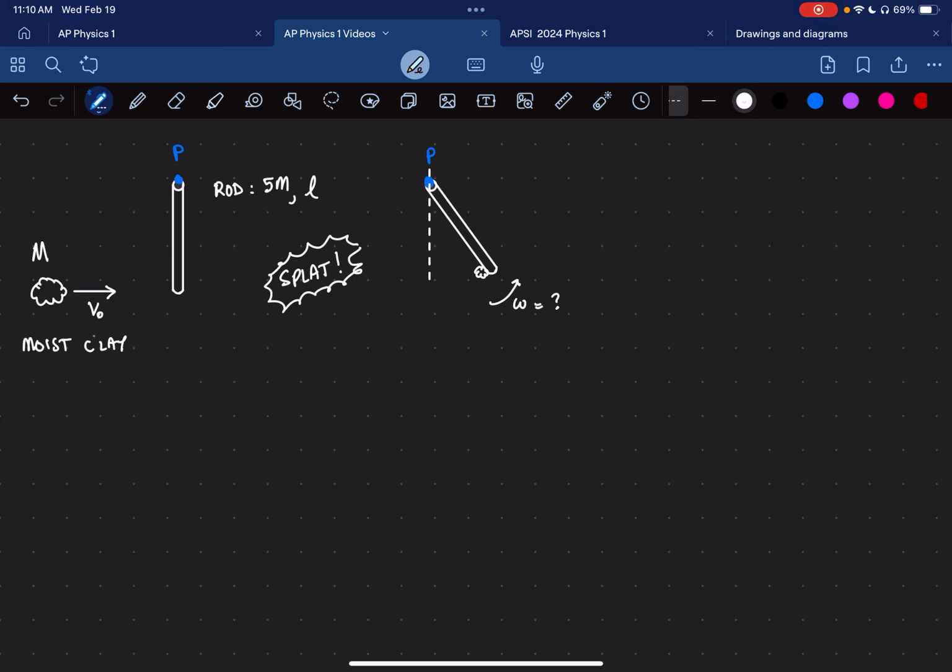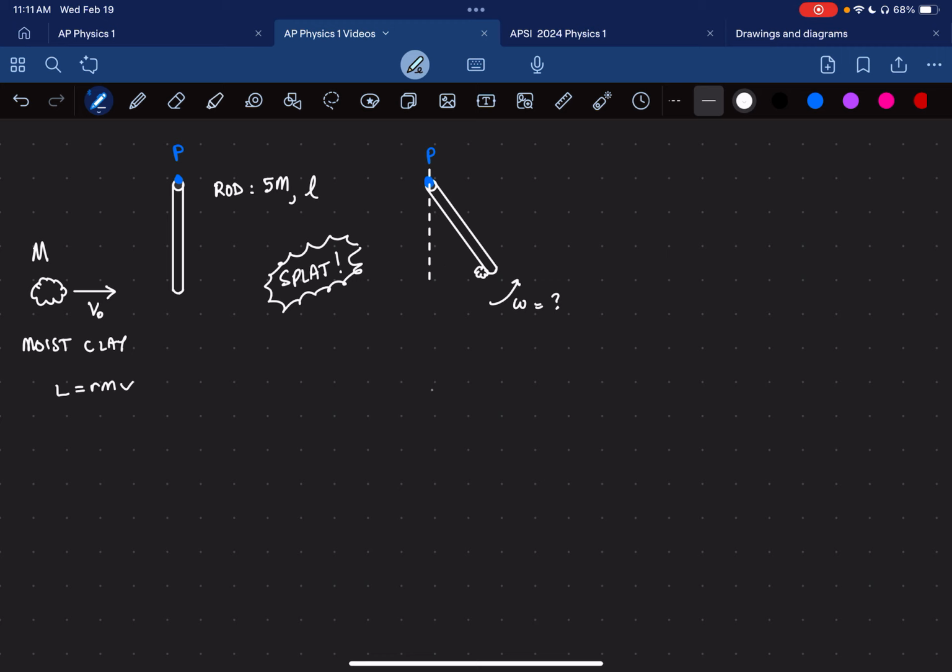Clearly, the rod is not moving, it's not rotating. It has no angular momentum, but the moist clay does. And the equation for that, we learned in the last video, is RMV, just for the clay. And we're going to calculate that here in just a moment.